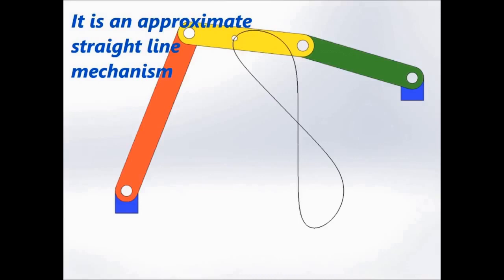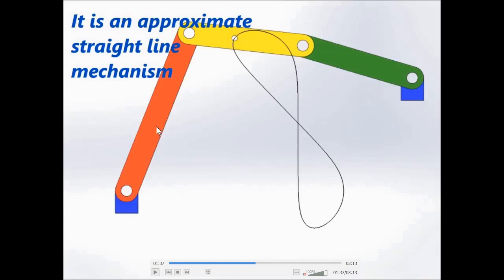This is mainly used in suspension in trucks and sports vehicles. The Watt mechanism is a simple construction. It is a four-bar mechanism where links are connected at opposite ends. One fixed point is here and another fixed point is on the other side. Compare it with the four-bar mechanism and you will understand. We have three moving links.